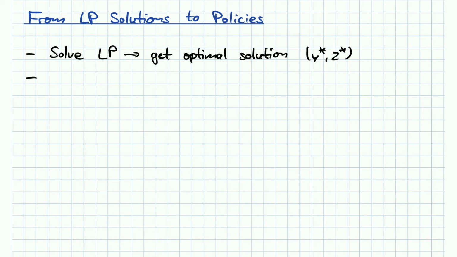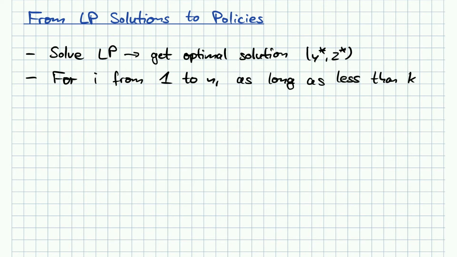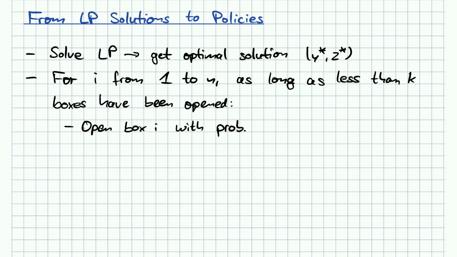And now what we'll do is, for i from 1 to n, as long as less than k boxes have been opened, we will open box i with probability yi star over 4. And then eventually we'll of course keep the highest price.